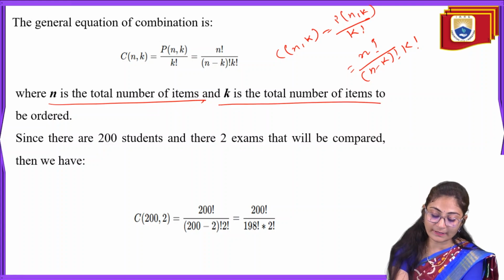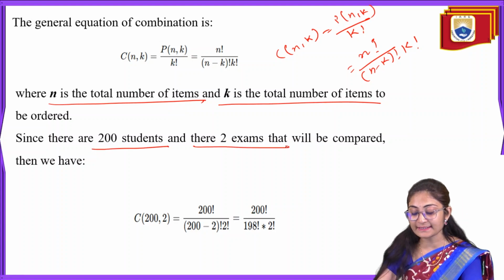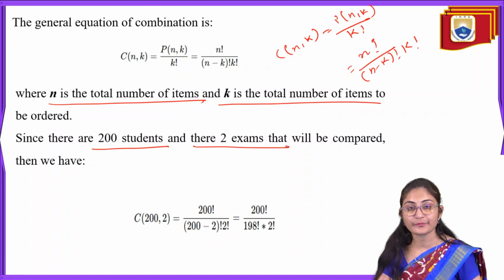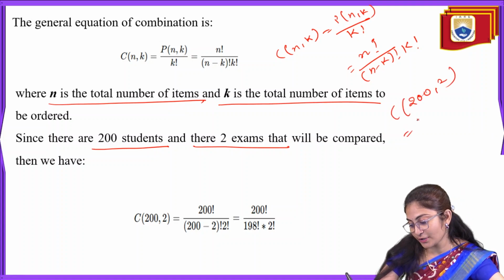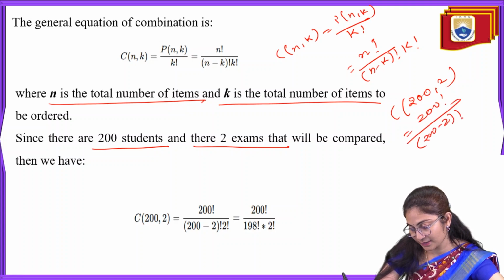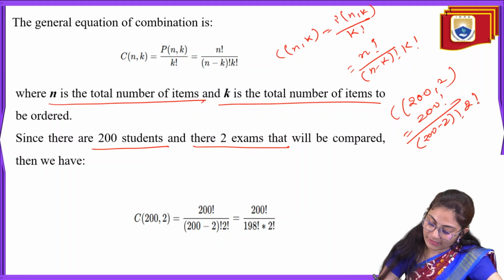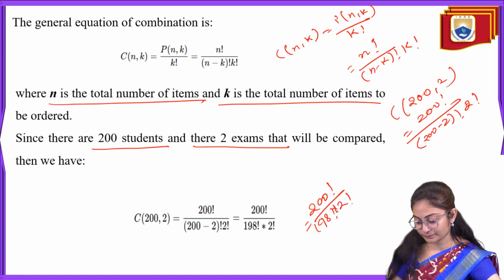There are 200 students and 2 exams that will be compared. So C of 200 comma 2 is 200 factorial divided by 200 minus 2 factorial into 2 factorial. So we get 200 factorial divided by 198 factorial into 2 factorial.